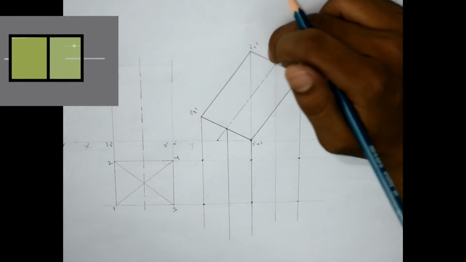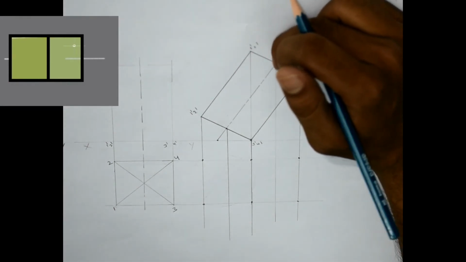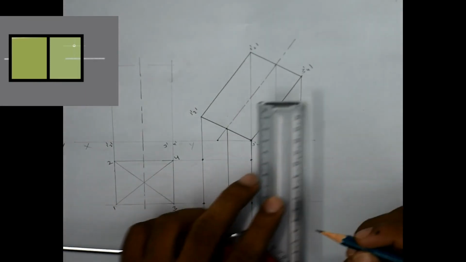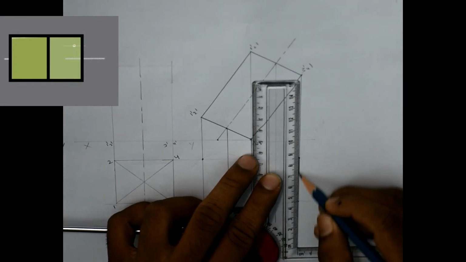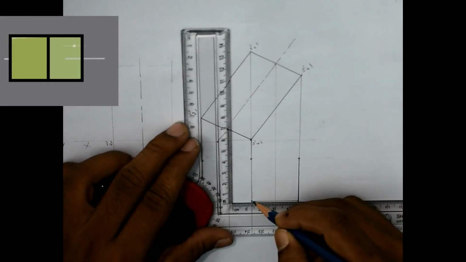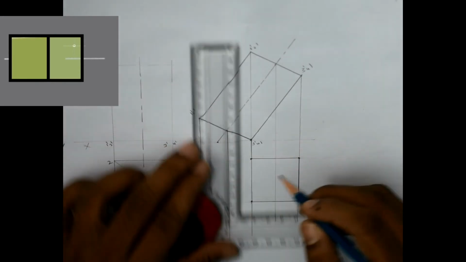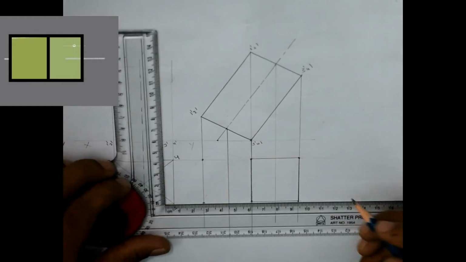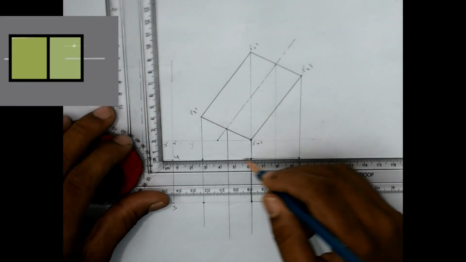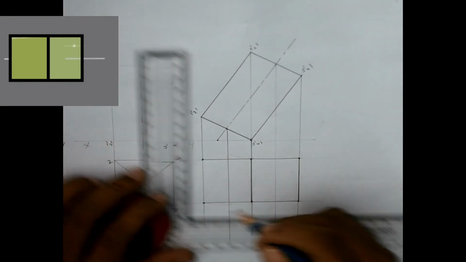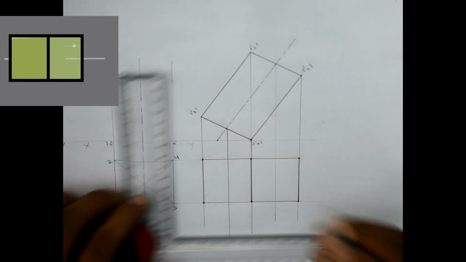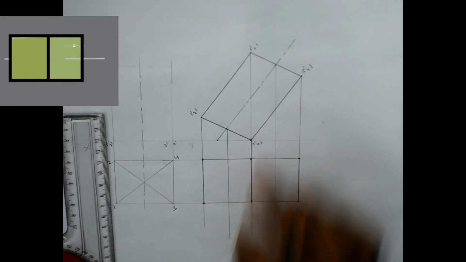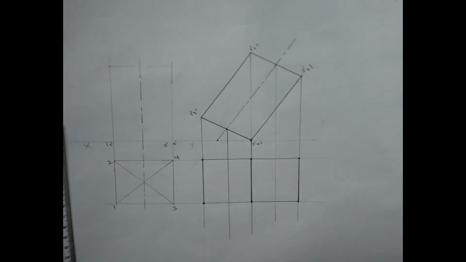Observe that only this face will be visible from the top view, but not this face. That is why I will just darken this portion. So these are just 2 rectangles which are visible from the top view. Hence our diagram is completed.